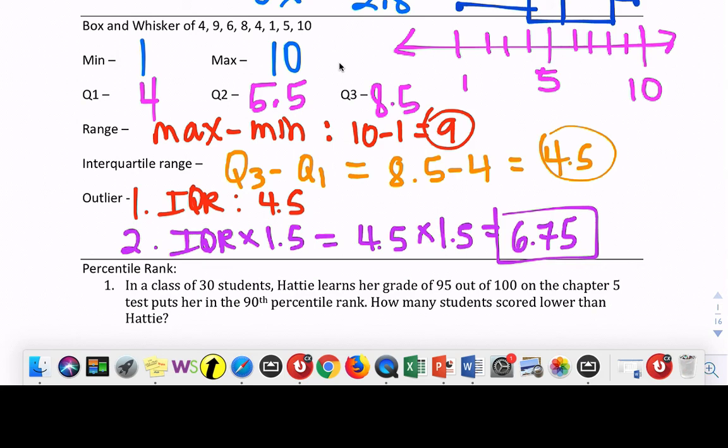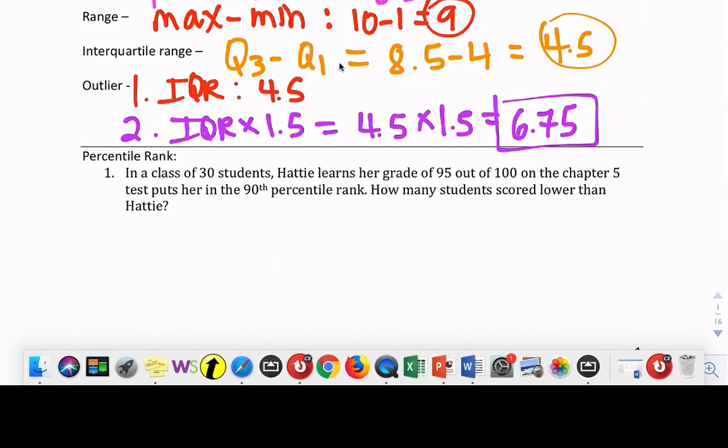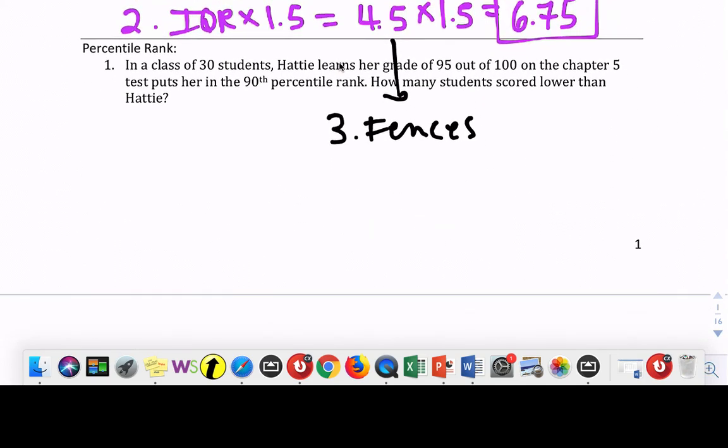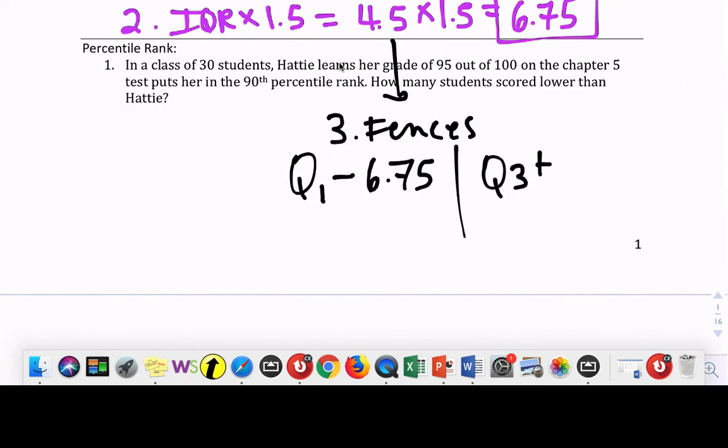So the third step, and I'm out of room here, so I'm going to move this down, and I'll show you how to find your fences down here. Fences: anything outside the fences are outliers. To find the fences, it's always Q1 minus our magic number, 6.75, or Q3 plus our magic number, 6.75.